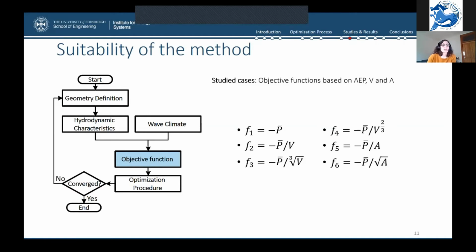And by using volume to the power of 2/3, that would be equivalent to using a submerged surface area that is calculated based on the volume. In the same way, the cube root of the submerged surface area basically represents a characteristic length of the device that is calculated based on the submerged surface area. So these are the 6 options that I looked into.